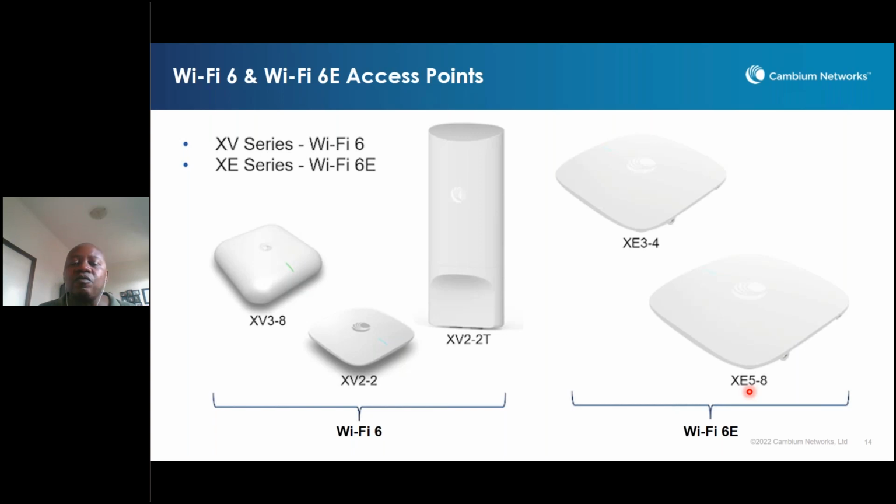It could be 2.4, 5 gig, and 6. Then 8 streams. The number of streams just means higher capacity. The more streams, the higher the capacity you can offer. And again, this is gig capacity.